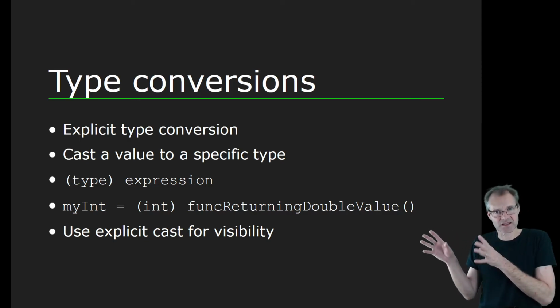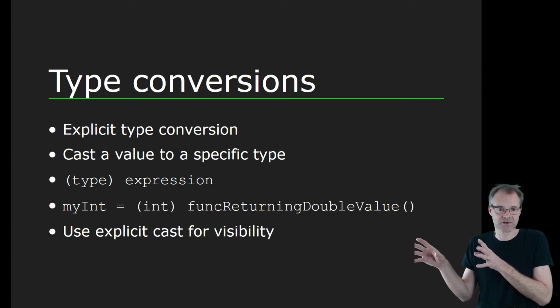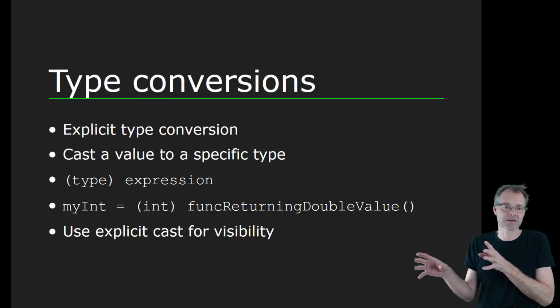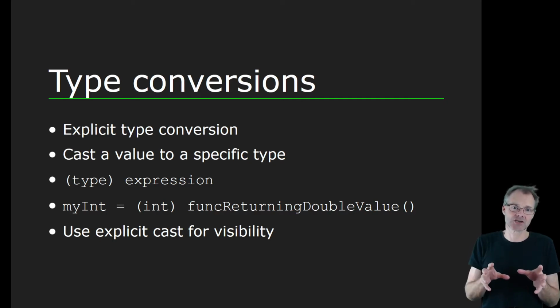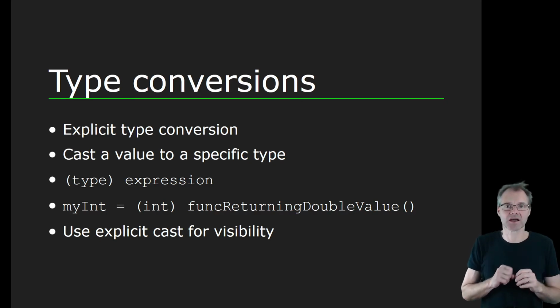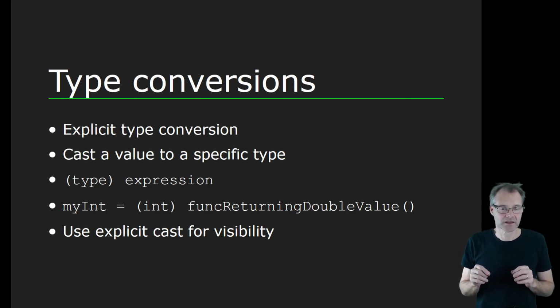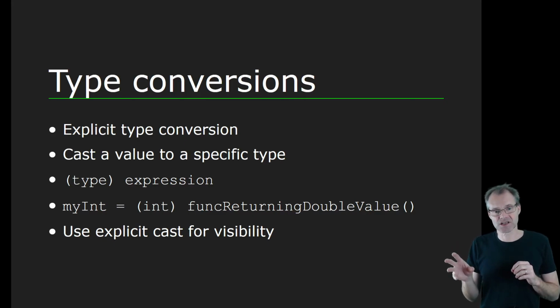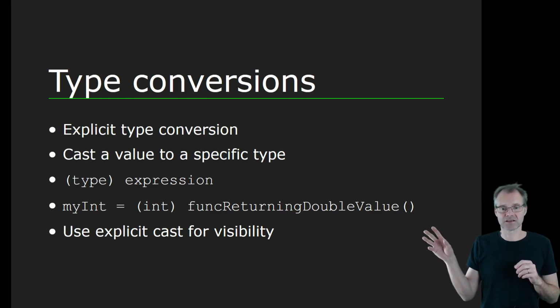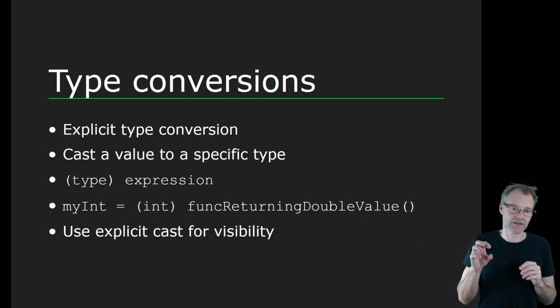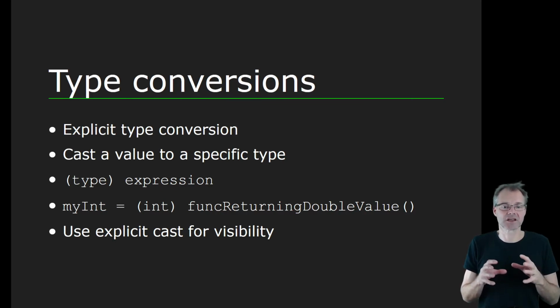And then I have the expression, and the result from that expression will then be explicitly cast to the specific type I have written. Here we have an example where I have an integer variable, and I'm explicitly casting the result from this function, that is obviously returning a double value, to an int so it can safely be stored in my integer.